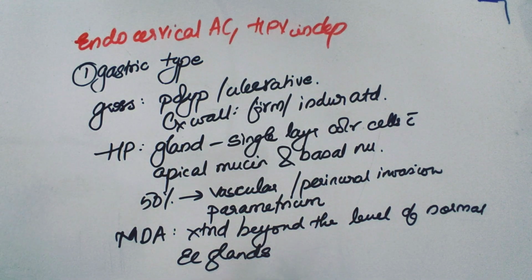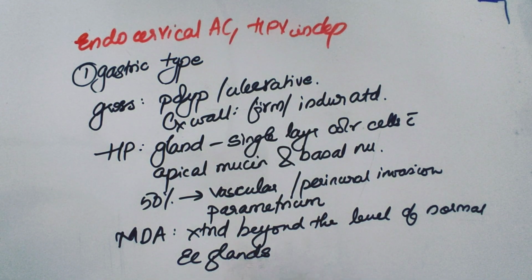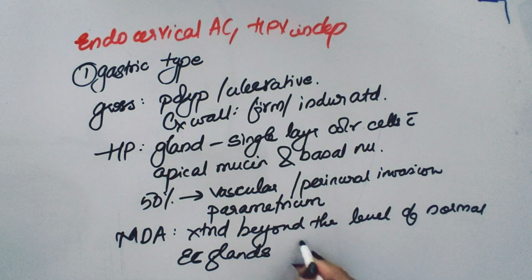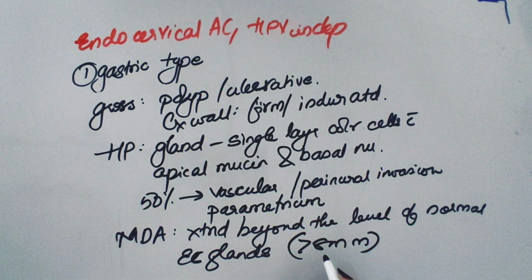This approximation problem is always there. Like in cooking also, when you ask your moms how much salt and how much sugar or how much spices you need, you put according to how much you need. So you will also be thinking beyond the level of normal endocervical glands. If you have seen many microscopies, you know almost how much endocervical glands you can see invading into the stroma. So if it is more than 8 millimeter from the surface, you should suspect a diagnosis of MDA. And I said you have to look for Peutz-Jeghers syndrome.